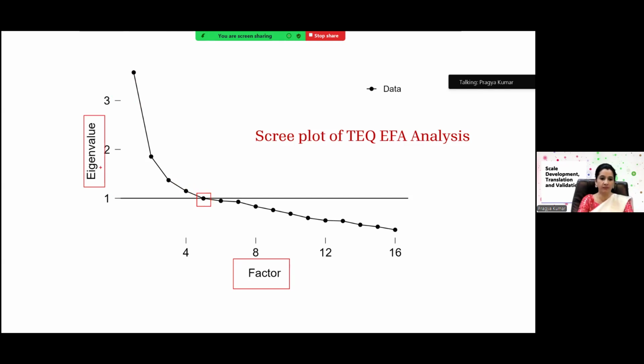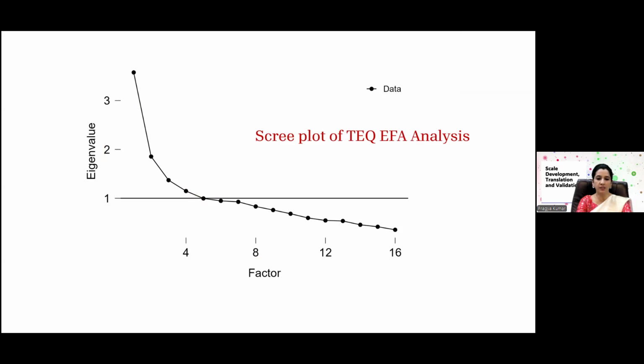This is the 1. If you take more than 1, then it will be 4, but if you include 1, then it will be 5. Here it is clear, but many times it doesn't show a clear-cut elbow. So there is a problem with the scree plot also.